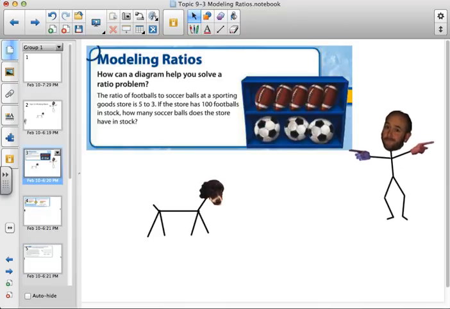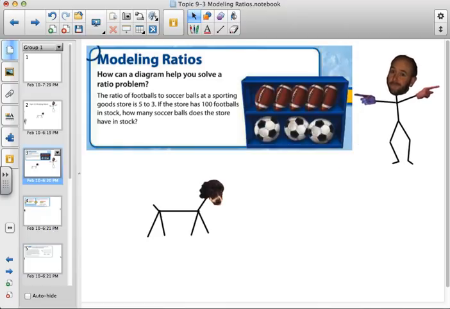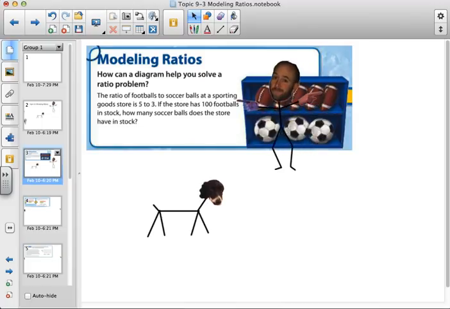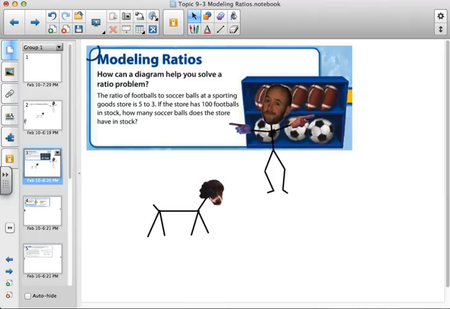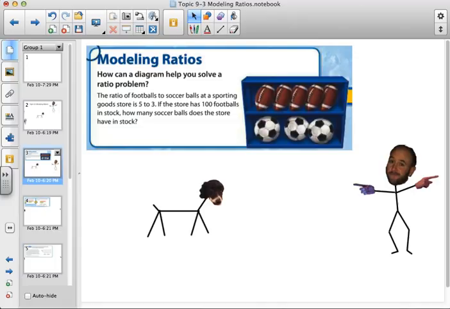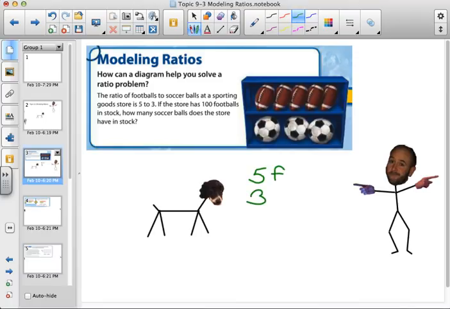Okay, kids, let's remember that in this situation, they're talking about the ratio of footballs to soccer balls at a sporting goods store. And it is a 3 to 5 ratio. Okay, so our initial ratio is we have our 5 footballs and we have our 3 soccer balls.